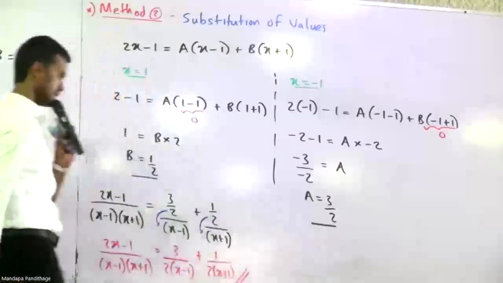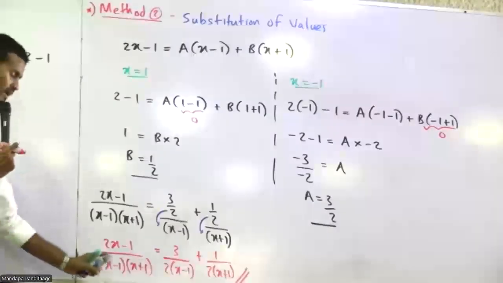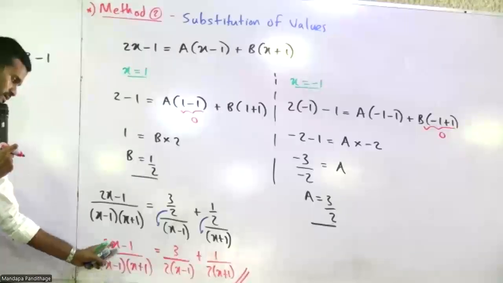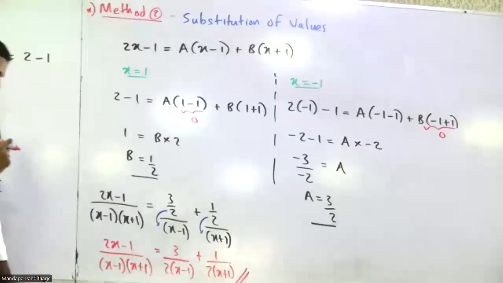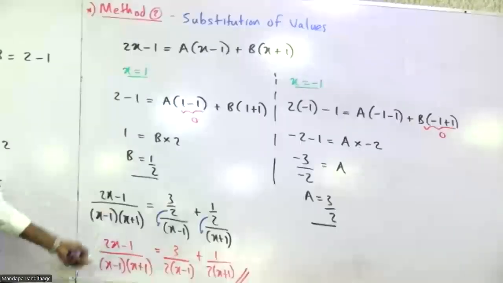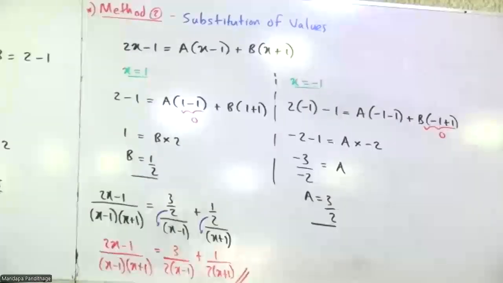So this is the final answer. We have decomposed, or we have broken down this into two partial fractions in the simplest format. Okay, write your final answer and do questions number 2, 4, and 5 in the tute.